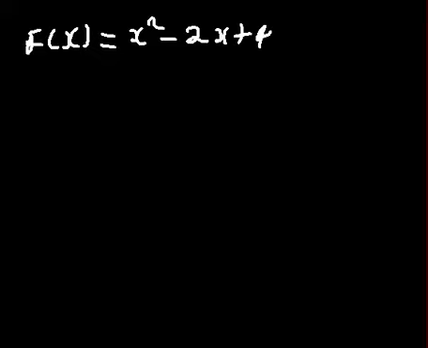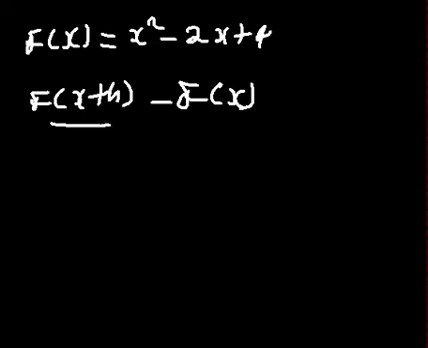Now let's say in this case we have f of x, and that is given as x squared minus 2x plus 4. Let's now find f of x plus h minus f of x, over h.